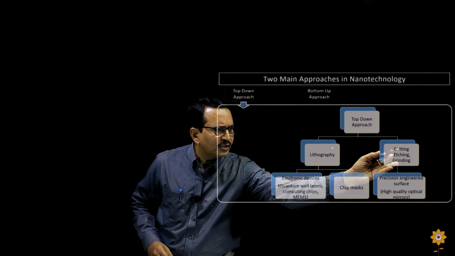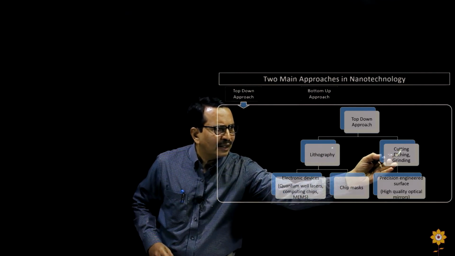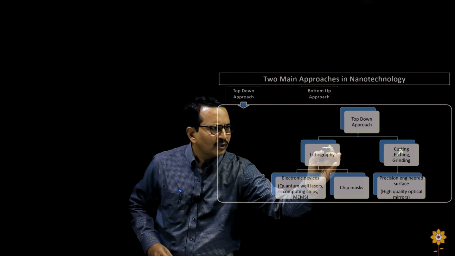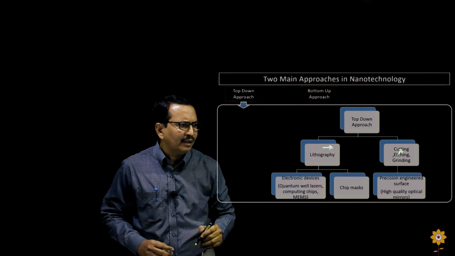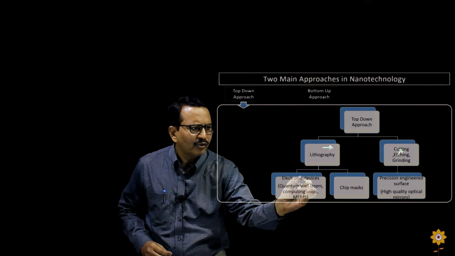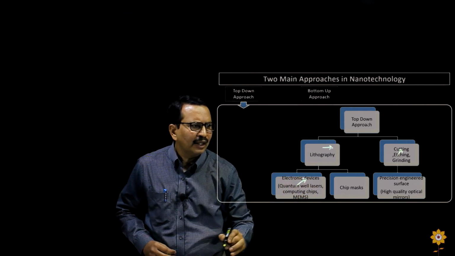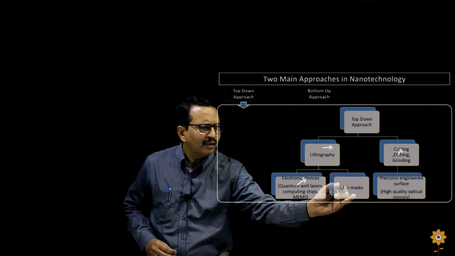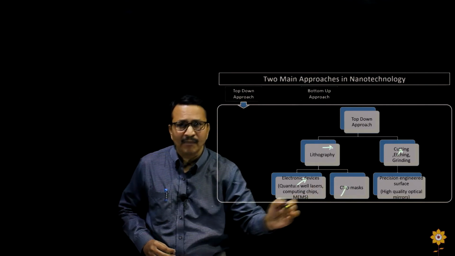You can also use cutting, etching and grinding. So lithography, and cutting, etching and grinding. And examples of this are for the manufacture of electronic devices and for the formation of chip masks.